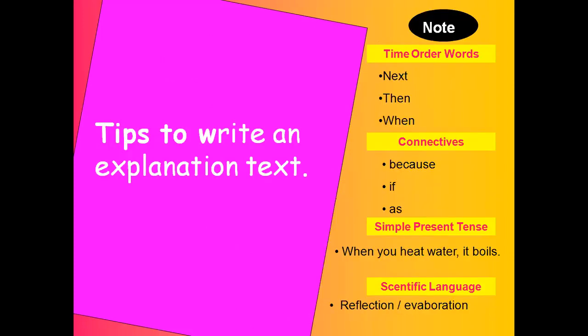Here are some examples of time order words: next, then, when. Connectives: because, if, as, so, when. And simple present tense, of course. For example, when you heat water, it boils. This sentence is in the present simple tense. And here you can see the cause and the effect.